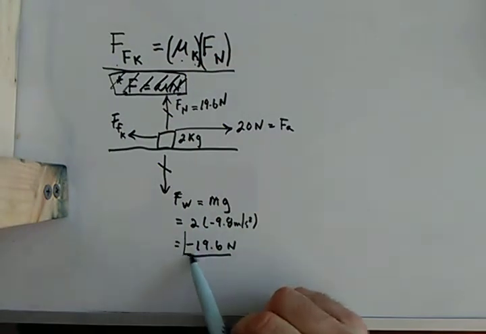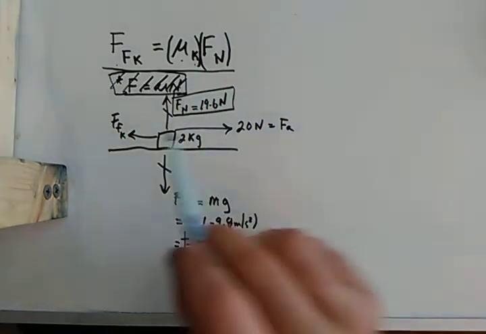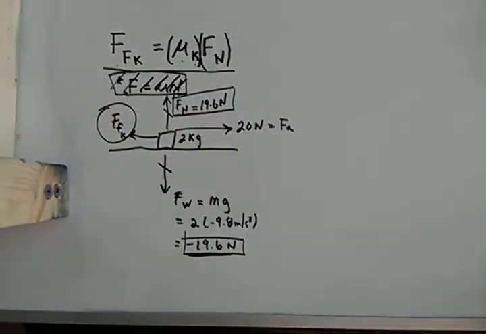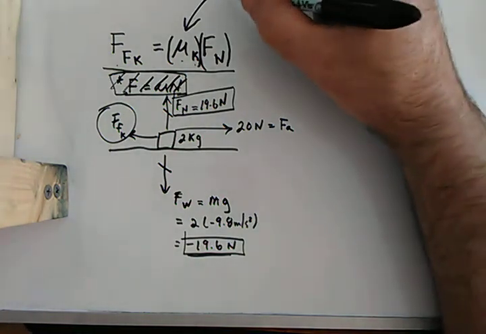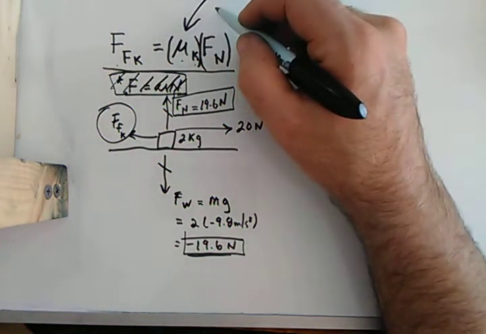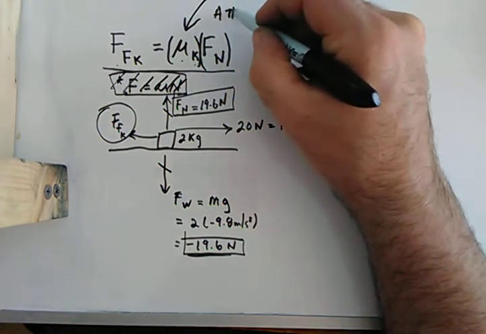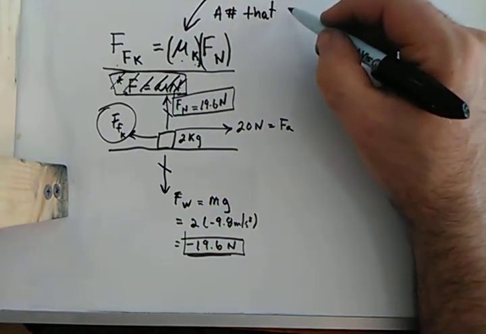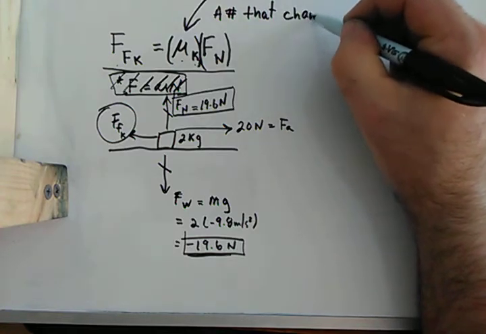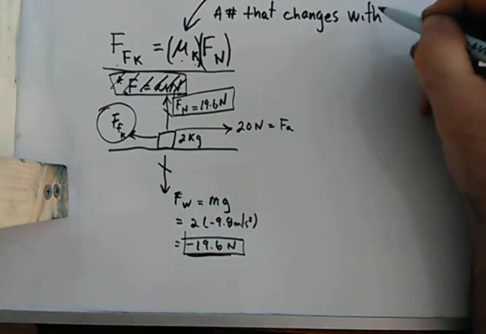So I got the weight, I got the normal force, 19.6, and they want us to be able to find this frictional force. Now, I haven't told you what this mu value is. This mu value is a number that changes with surface type.